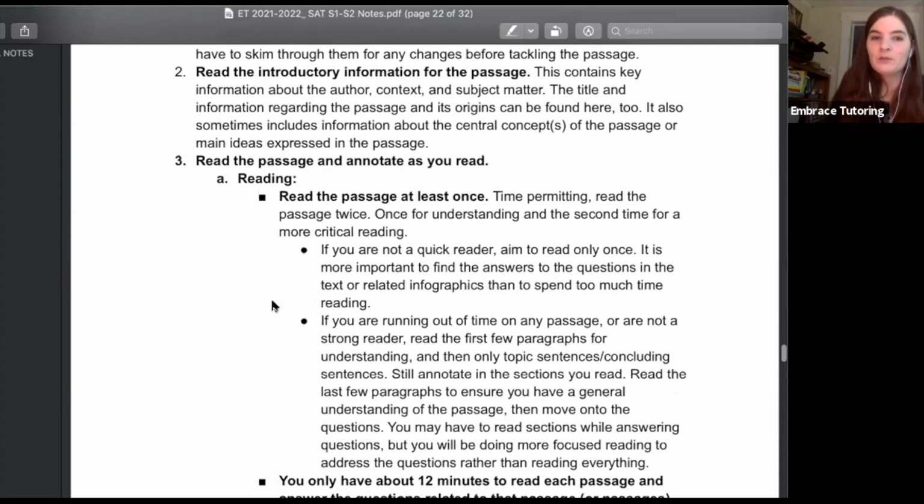Everyone should also be reading the introductory information for the passage every week, for every single passage. That also includes information for the infographics and things like that. You always want to be looking at that little blurb that's there to give you context clues about whatever it is at hand, whether it's a passage, an infographic, or a chart.